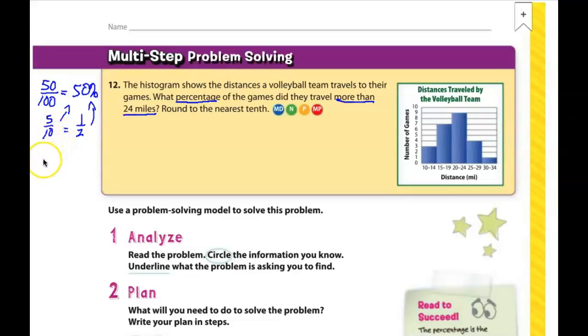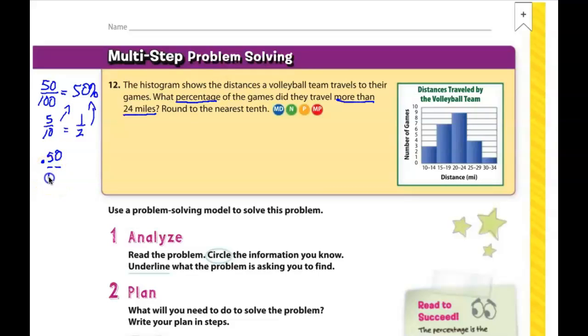We also have a way of writing numbers using place value, using decimals, and 50 out of 100 would be written as 50 hundredths, because this has two place values after the decimal.